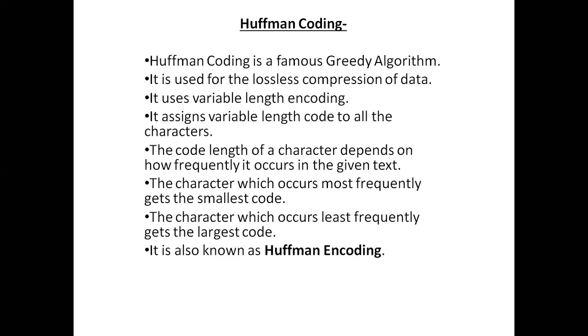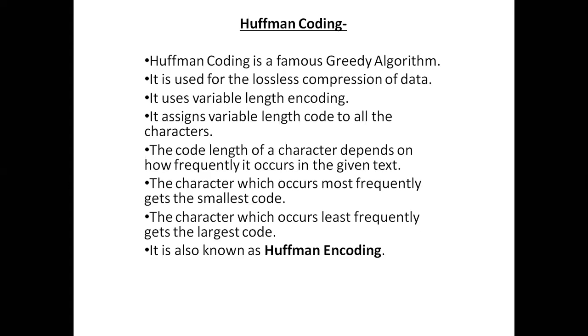So what we found is that we will use variable length encoding, in which the character which occurs most, we will assign the smallest code, and the character which occurs less, we will assign the largest code.